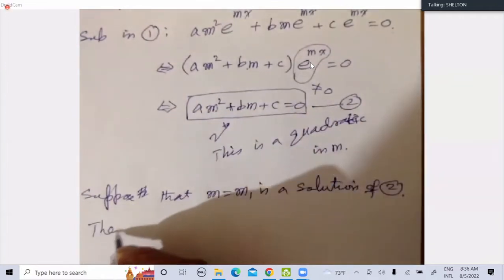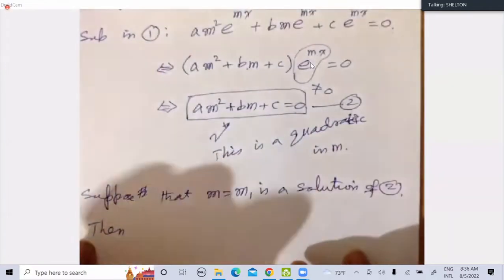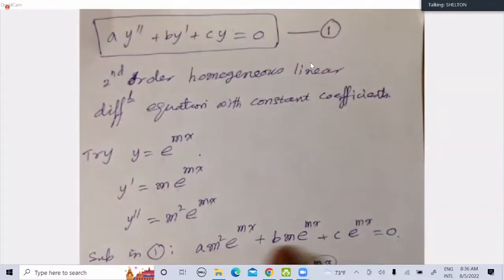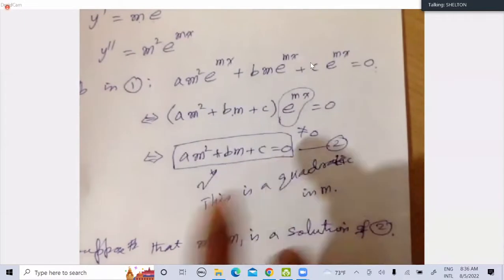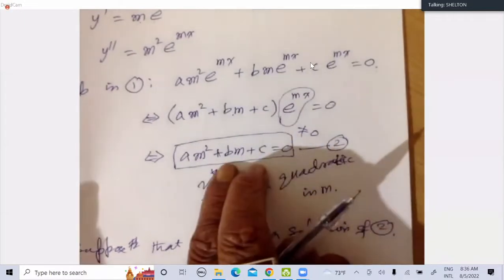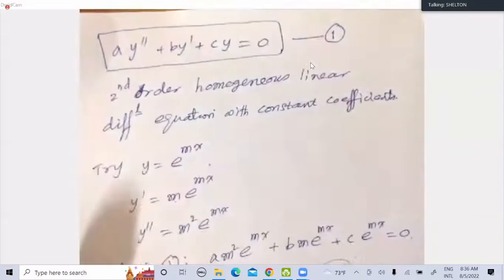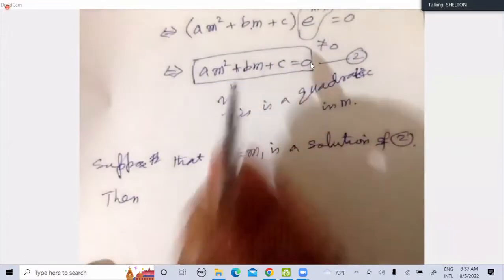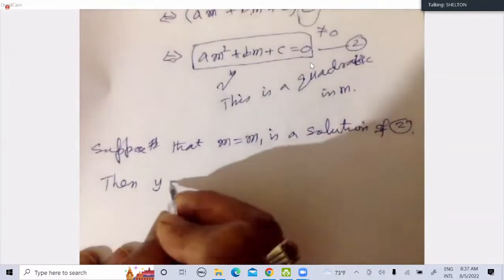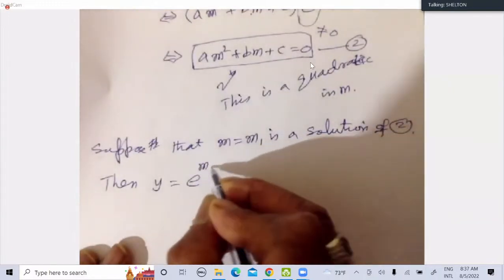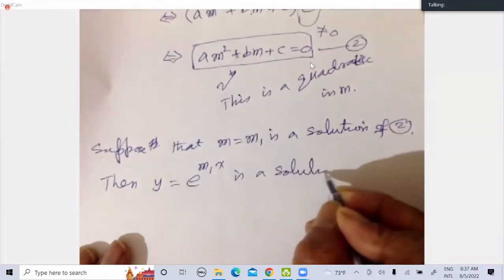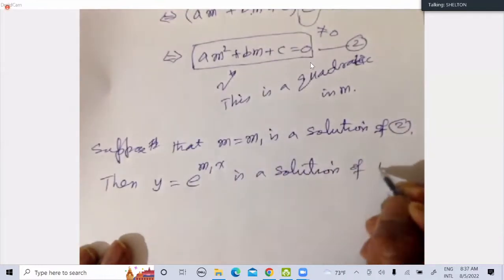Then this equation must be satisfied, and if that equation is satisfied, then this is a solution of that equation. So if m equals m1 is a solution of equation 2, then y equals e to the m1x is a solution of 1.